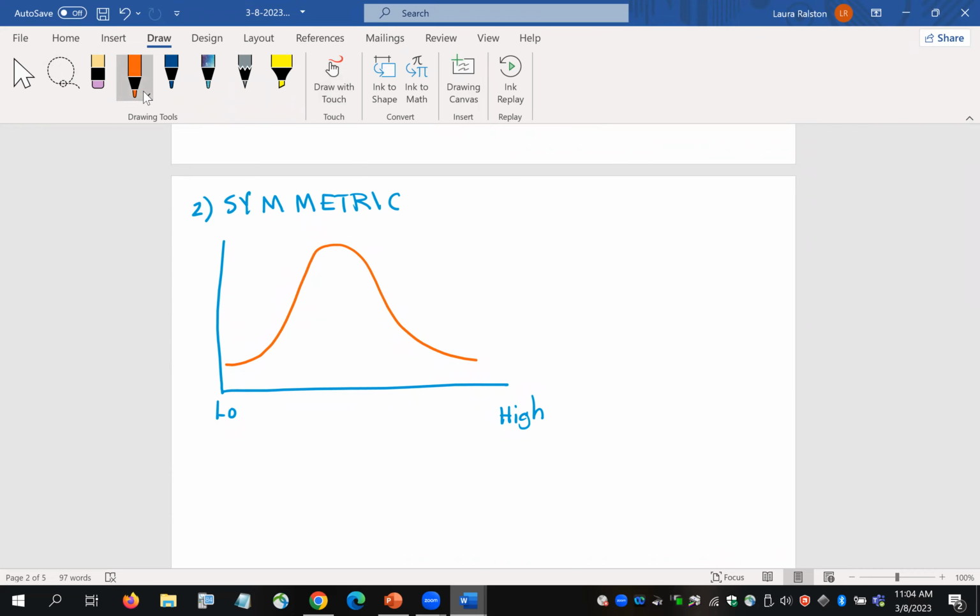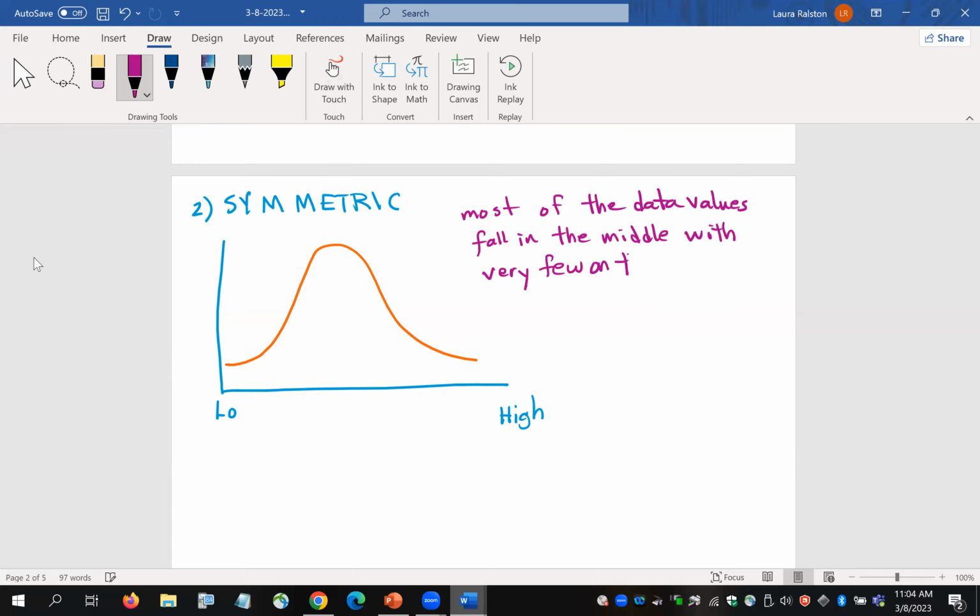So for a symmetric distribution, most of the data values fall in the middle, with very few on the low or high end.